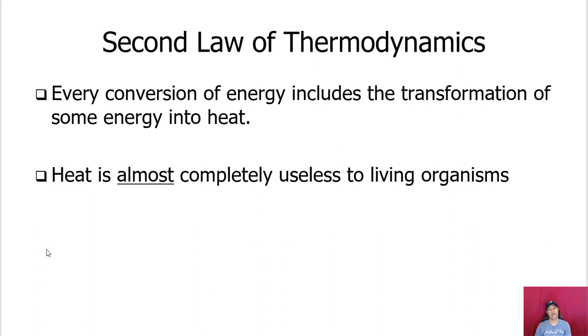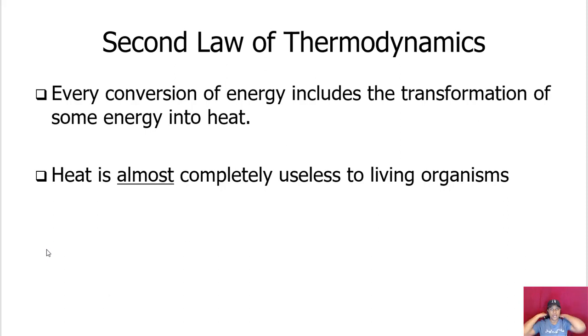So the second law of thermodynamics is that every energy conversion includes the transformation of some of the energy into heat. So heat is almost completely useless to living organisms. That's why we try to dissipate it, right? Which is why you take your jacket off when you start to get hot, because you want to get rid of the heat.